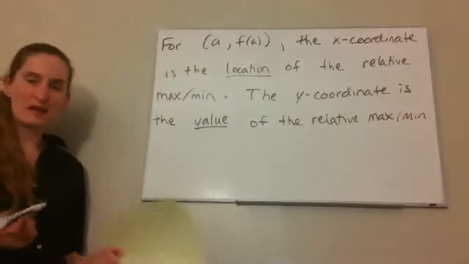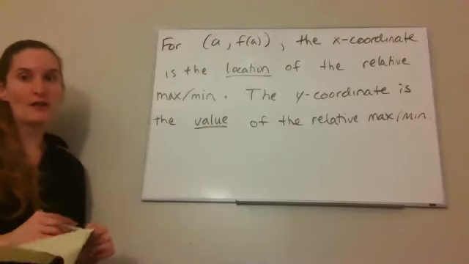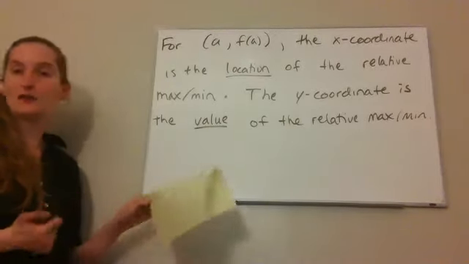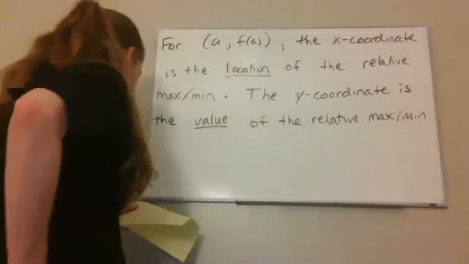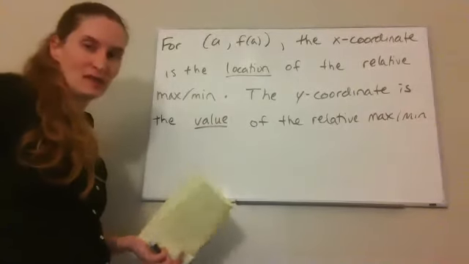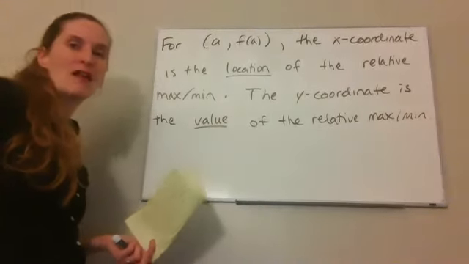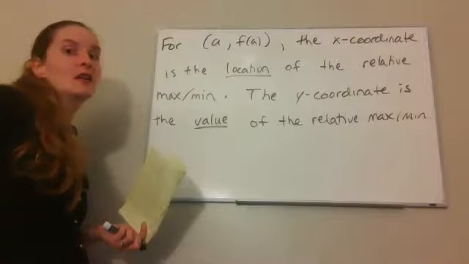So we're going to do an example now where we are given a graph and we have to find the relative max and relative min, if they exist, of this graph. And it is possible, even though this example doesn't have this, to have multiple relative maxima and relative minima.